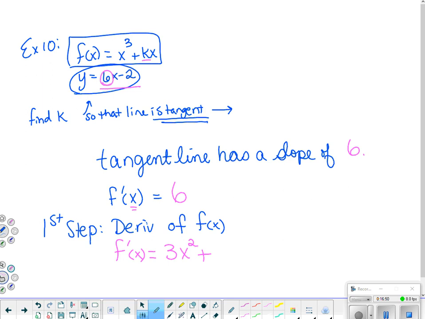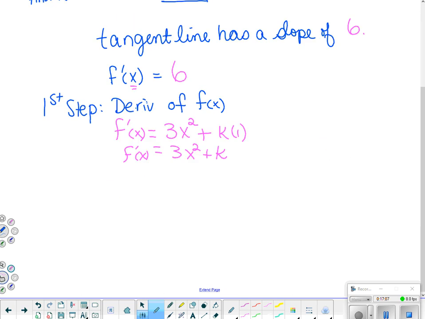Here's where it's a little tricky. k is just a number, and the derivative of x to the first is simply 1. So f prime of x equals 3x squared plus k.